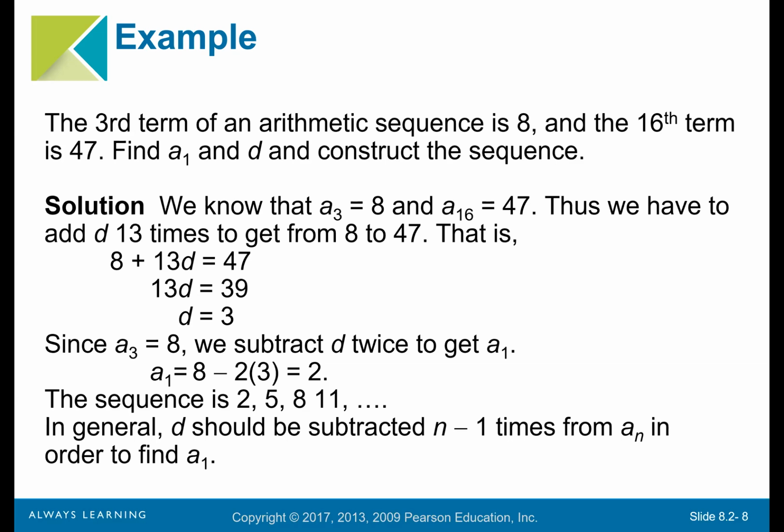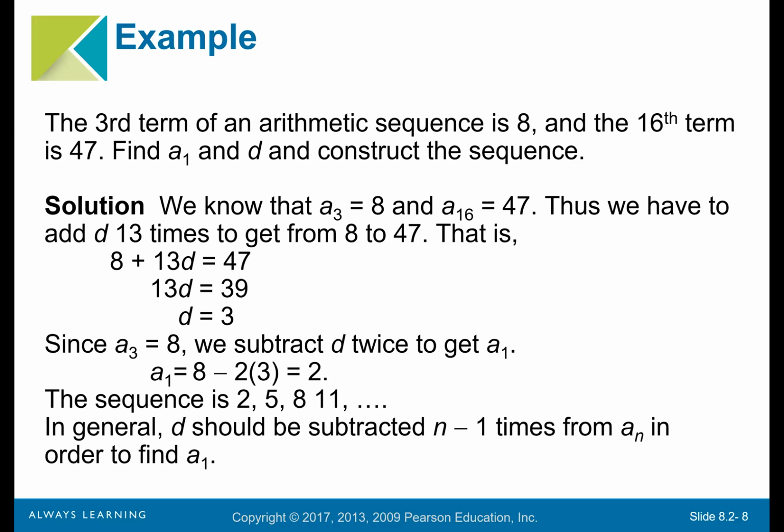It says we have to add d 13 times to get from 8 to 47. Why would that be the case? Because there's 13 terms in between a sub 3 and a sub 16. Yeah, because a sub 16 minus a sub 3, you subtract the terms.